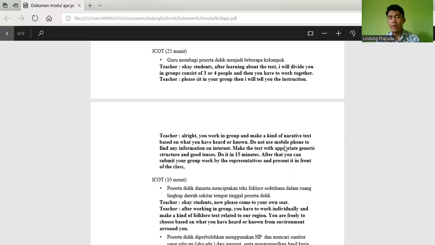If they live in Payakumbuh, they will try to observe a story surrounding them, for example Payakumbuh or 50 Kota, and create a narrative text related to the region where they live.